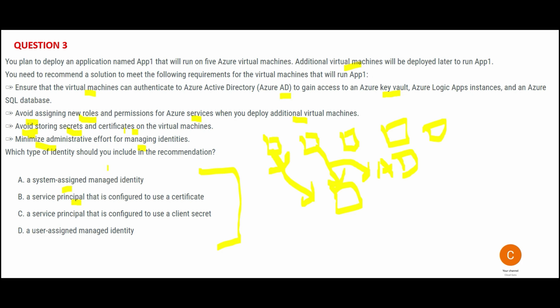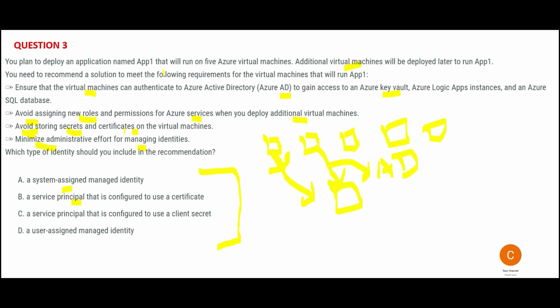A service principal is just about who can use the gym. Just because you can use the gym, you cannot use the swimming pool. Everything has its own access. So these are two different purposes, and a service principal in this case is wrong.